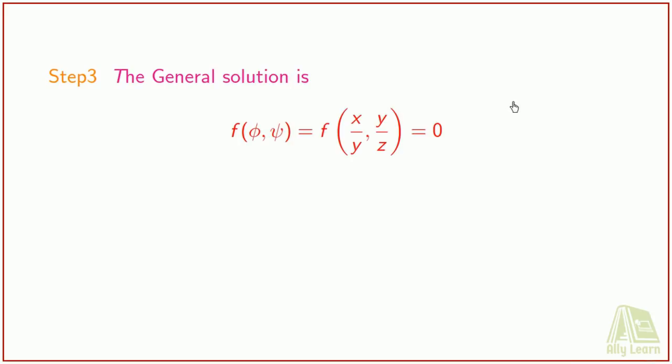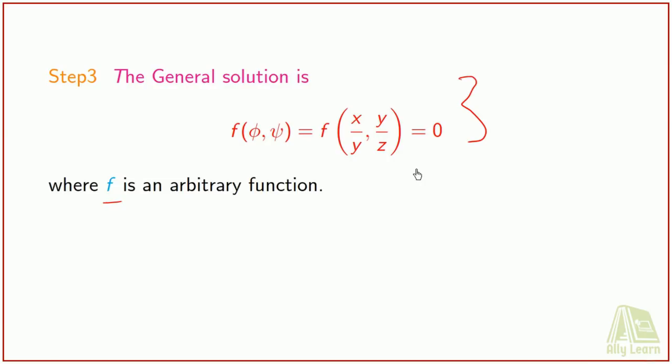The general solution is f of phi, psi equals f of x over y, y over z equals 0. Now this x over y is the value of phi that we calculated, and this y over z is the value of psi. And this f is an arbitrary function. So this is the general solution of the first order quasi-linear PDE that was given to us.